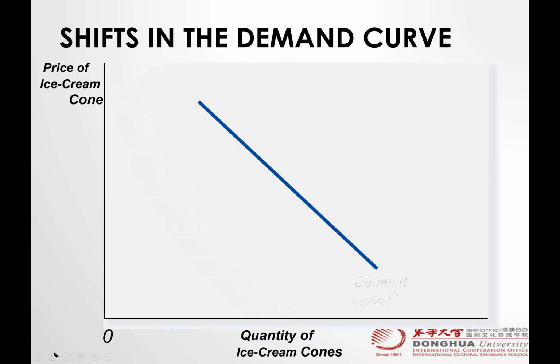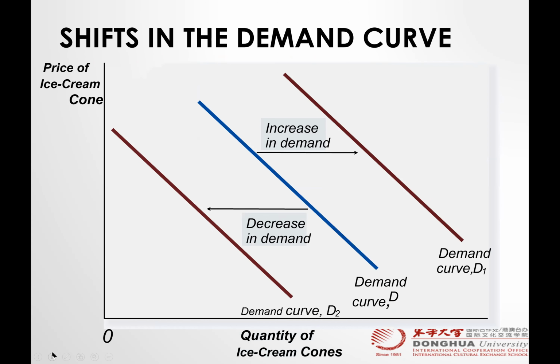So increase in demand means shift to the right, decrease in demand means shift to the left. Again, let me explain one more time that increase in demand means shift to the right, decrease in demand means shift to the left.